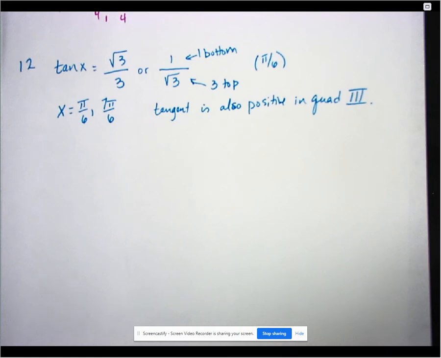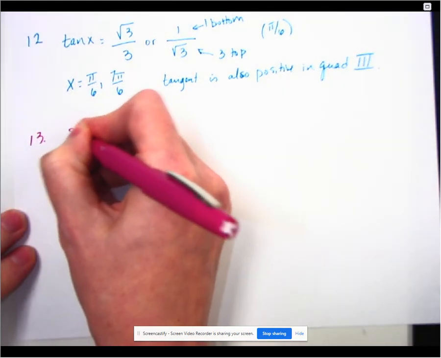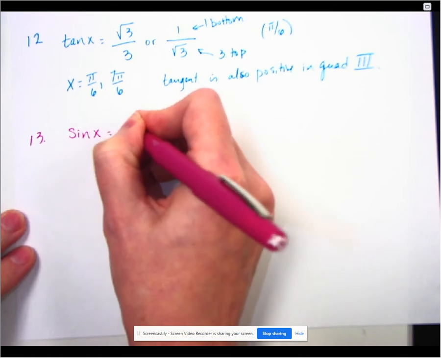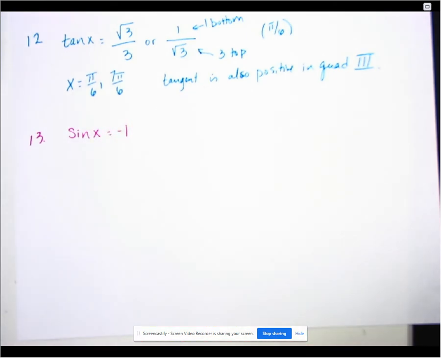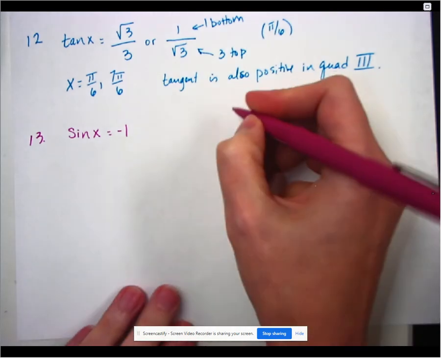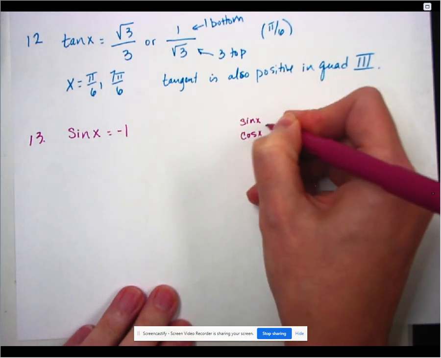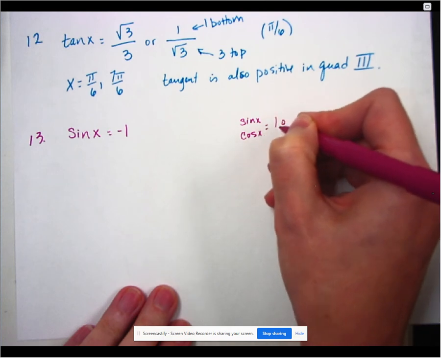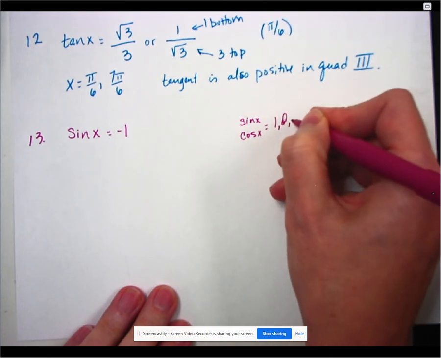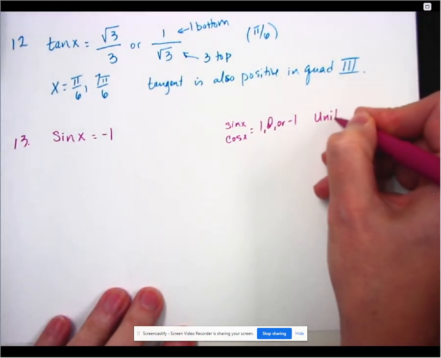Okay, we're going to do a couple more, and they're going to be a little bit different. For number 13, we have that the sine of x is -1. Anytime you have the sine of x or the cosine of x equal to 1, 0, or -1, we need to go probably to the unit circle.